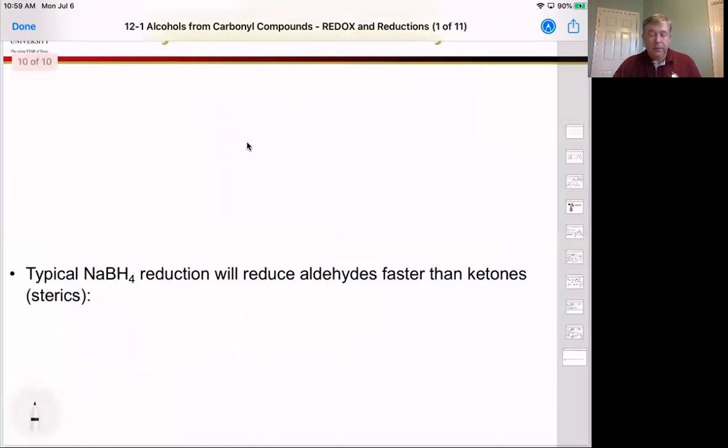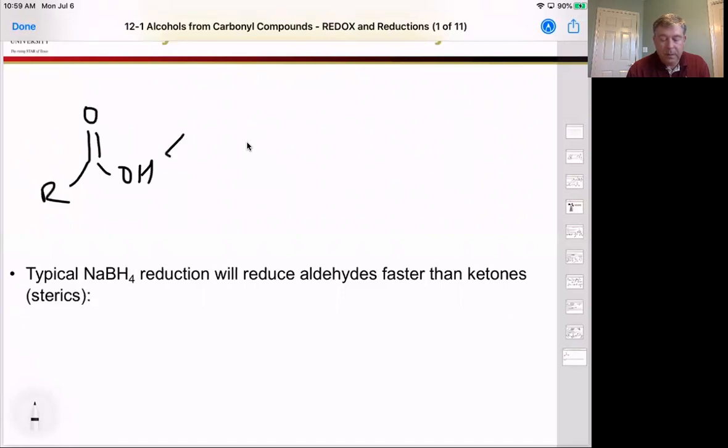Okay, so in summary, we have 2 different reagents that will reduce down these carbonyl compounds. And so we have selectivity in our reduction because one of them is very strong and will reduce down carboxylic acids, carboxylic acid salts, and it'll also reduce down esters. And that reagent we have, of course, is the lithium aluminum hydride.